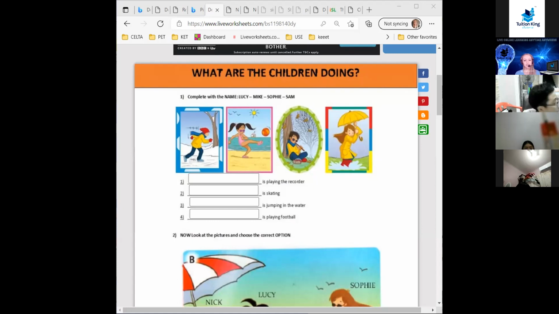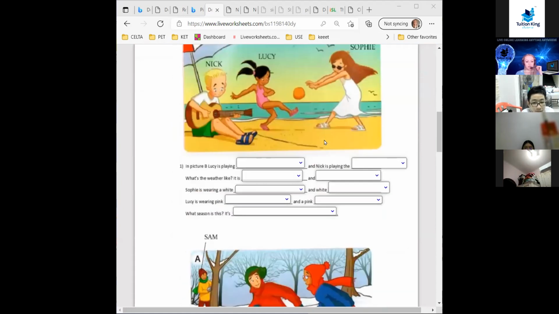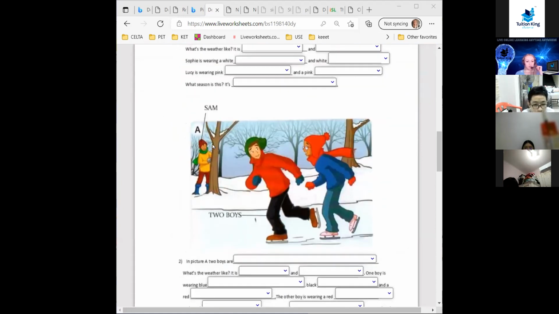Let's start with Esther. Esther, number 1. Who is playing the recorder? Sam is playing the recorder. Let's check it out. So look at Sam. How does he look like? So this is Sam.